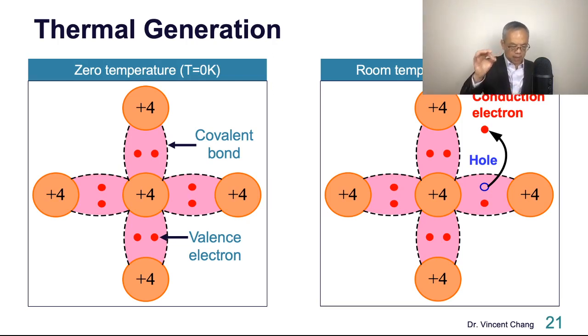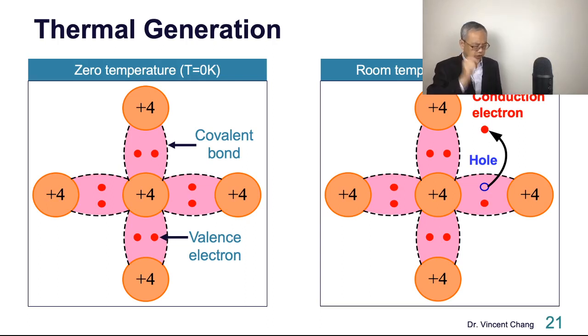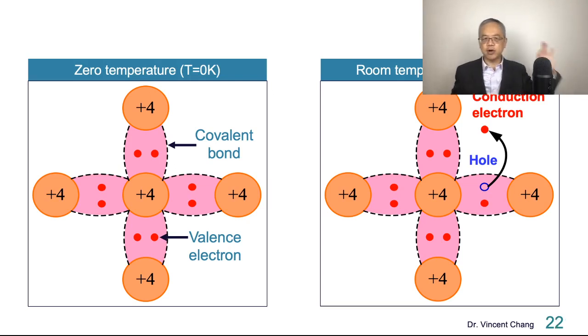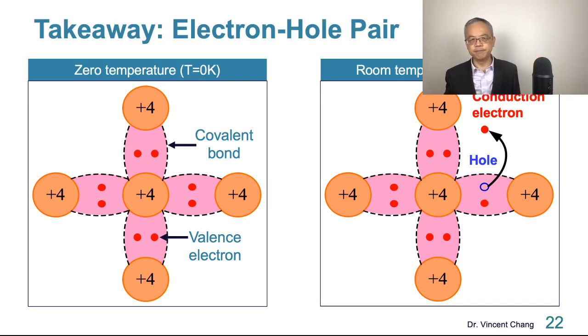So that spot, the empty seat, can equivalently be pictured as a positive charge carrier. And that positive charge carrier is called a hole, all right? It's called a hole. So this kind of process is called thermal generation. So what is generated? The electron-hole pair is generated, right?